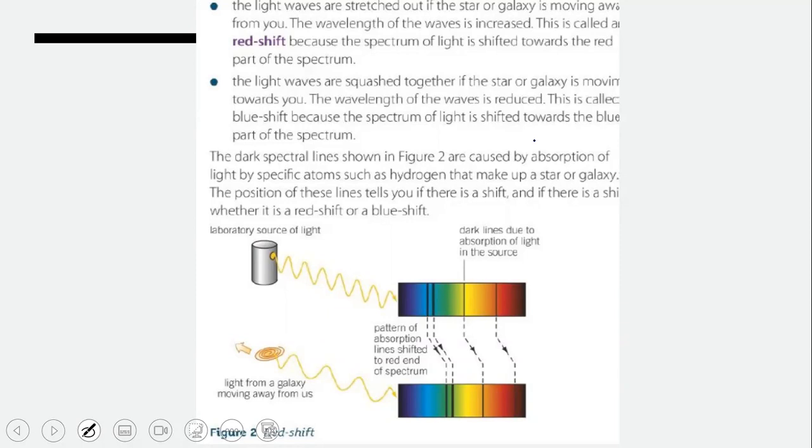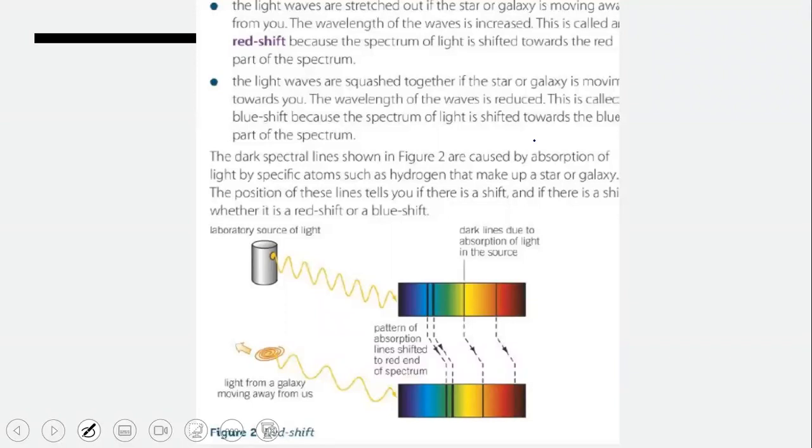Or is the universe staying as it is? This is a question that the scientists wanted to get an answer to. They wanted to know what is actually happening. Where is the universe going? So they decided to find out the answer by using the wavelength of the electromagnetic radiation, especially the visible light.